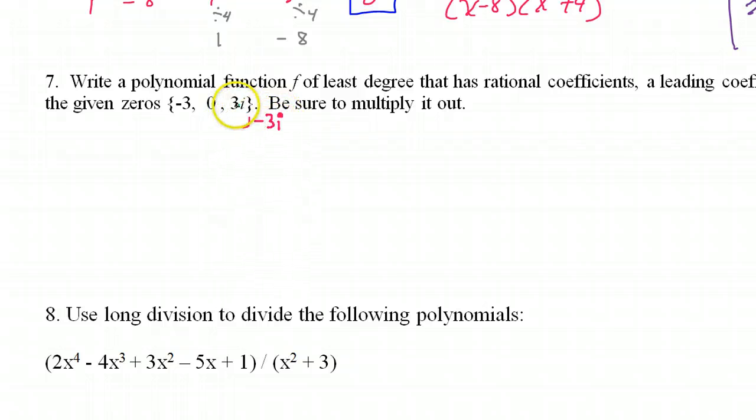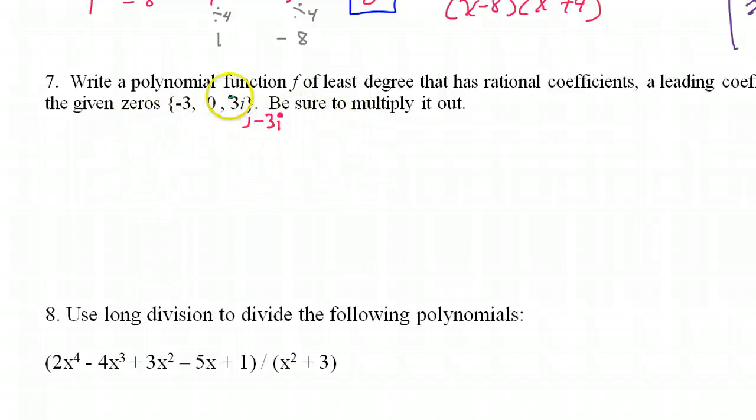Alright, imaginary roots always occur in positive negative pairs called conjugates. So if 3i is a root, negative 3i is also a root. So it looked like they gave us 3 zeros, but they actually gave us 4.